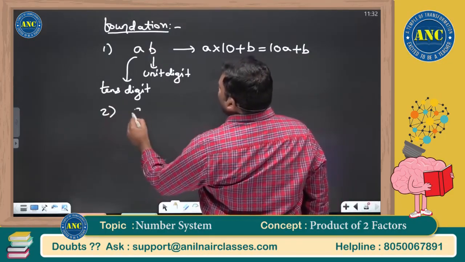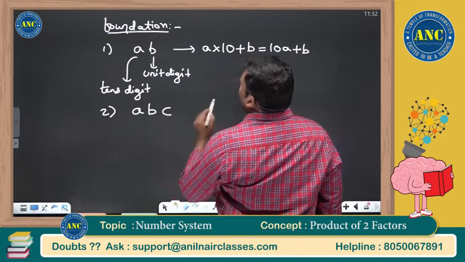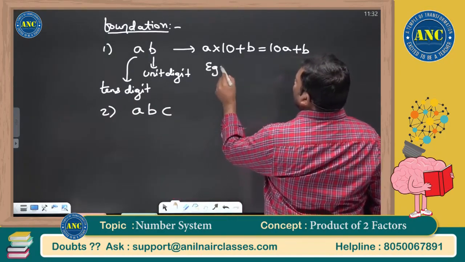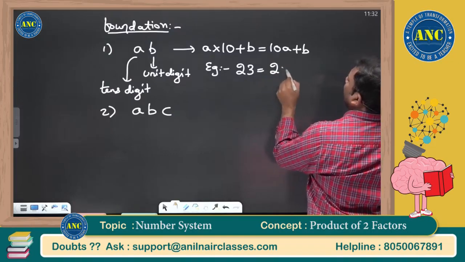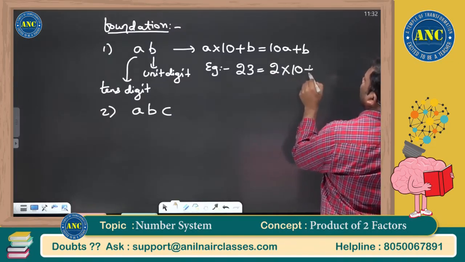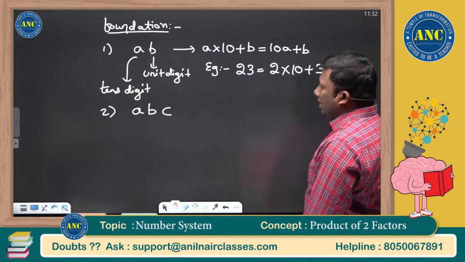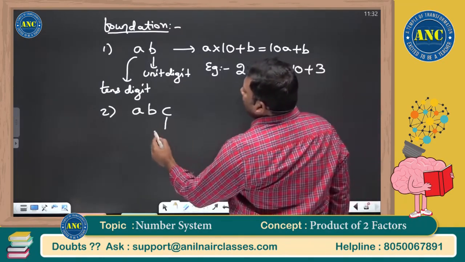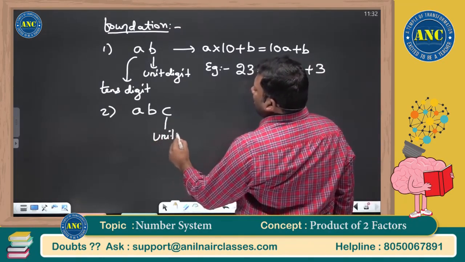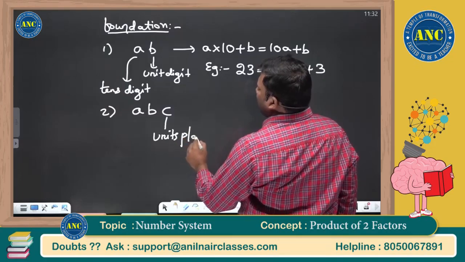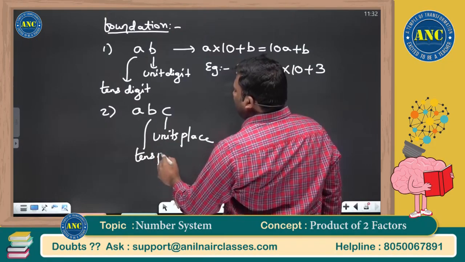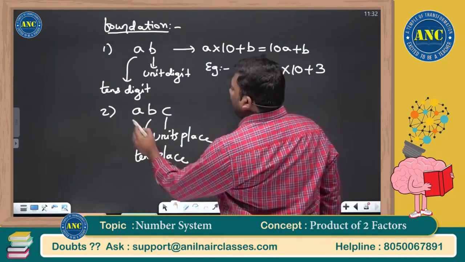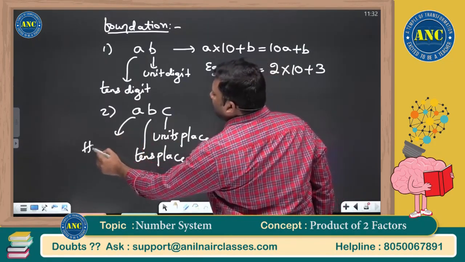Suppose there is a 3-digit number ABC. Here you can take an example, 23. 2 is there in the tens place, so it is 2 into 10 plus 3. C is nothing but the units place. B is nothing but the tens place.